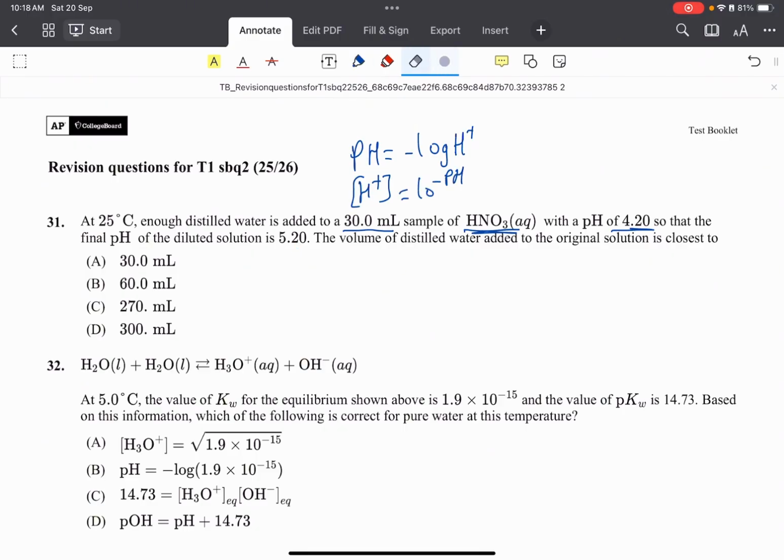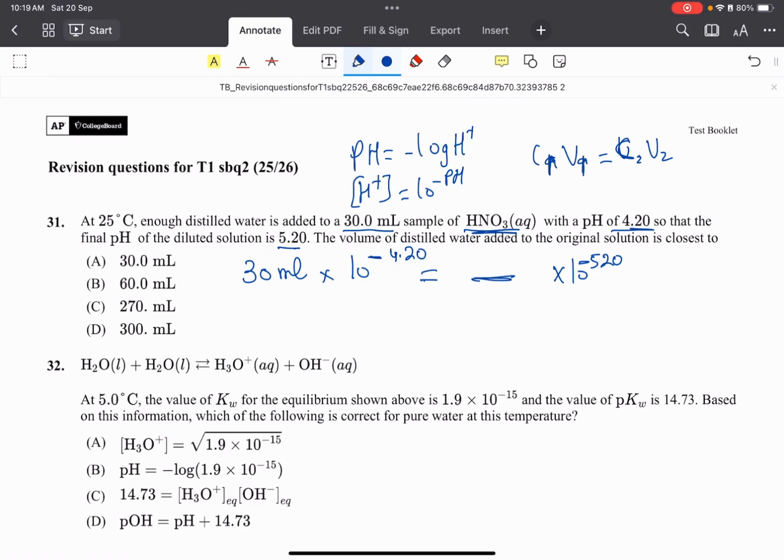So when I had a 30 milliliter solution, I'm always doing this formula, times 10 to the power negative 4.20. So the final pH of the diluted solution is 5.2, which means the final concentration is 10 to the power negative 5.2. How much is the volume of distilled water added?